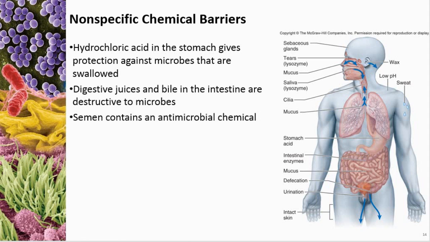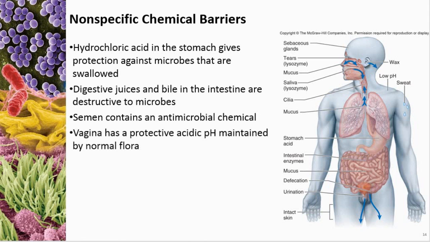Anyway, they also create certain chemicals that are antimicrobial. I had mentioned this earlier, and also in other chapters, that the acidic environment of the vagina also defends against bacteria. And there's also acidity in the male urethra as well because of the normal flora.